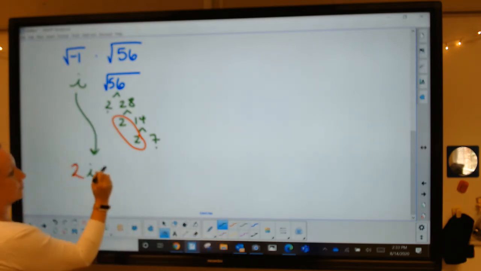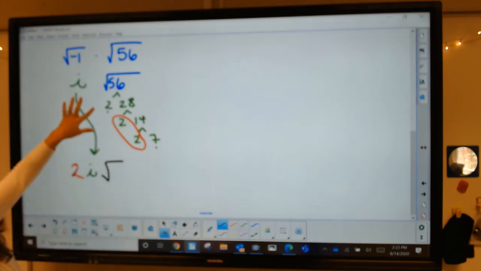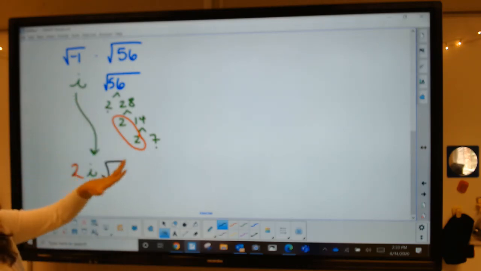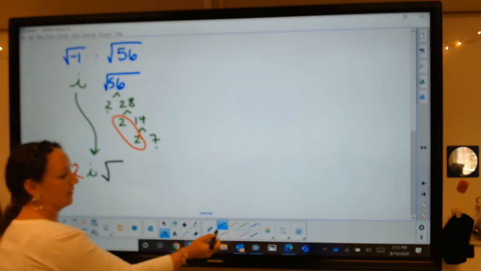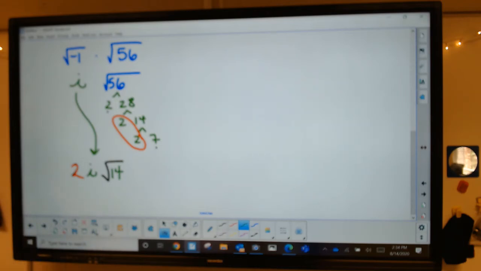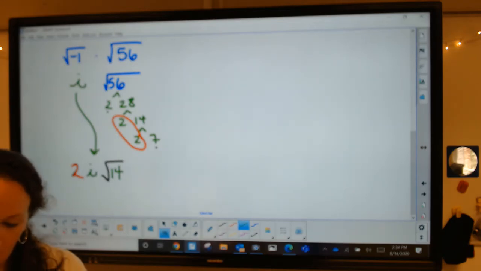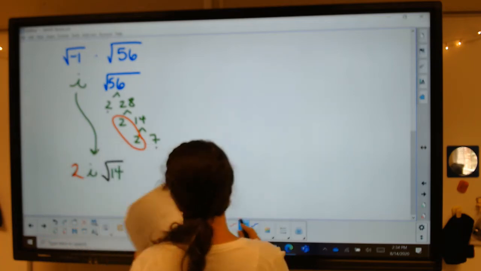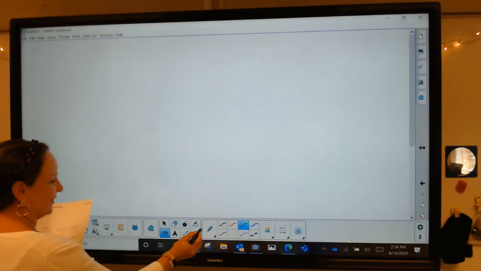And then you have your square root of your leftovers. So leftover in here, I have a 2 and a 7. 2 times 7, I would multiply that back together for 14. 2i root 14. Okay, I'm going to give you a couple to try, and we'll see how it goes. Try these.